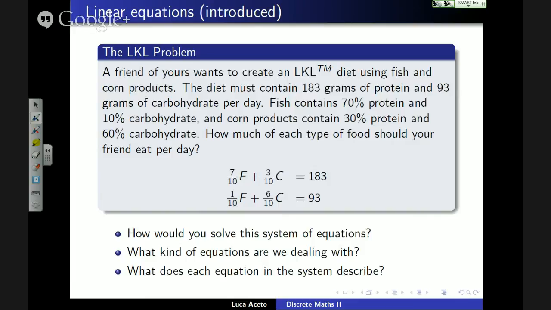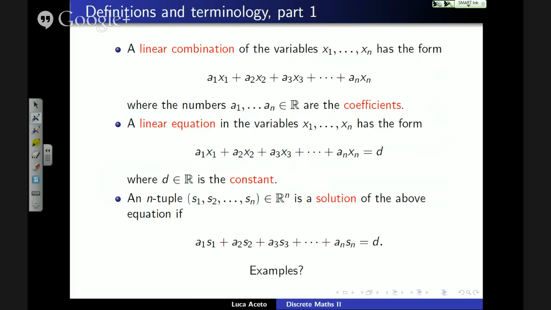And to address them, I need to introduce a little bit of terminology. In the example that I gave you before, there were two variables in those equations, F for fish, C for corn. In general, you can have any number of unknowns, of variables.